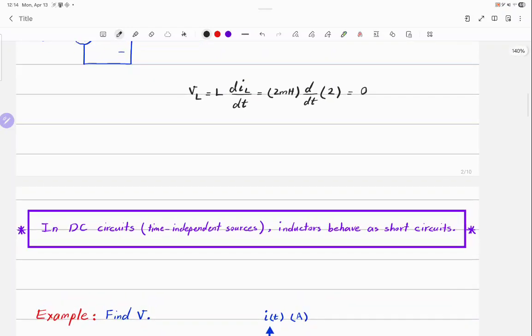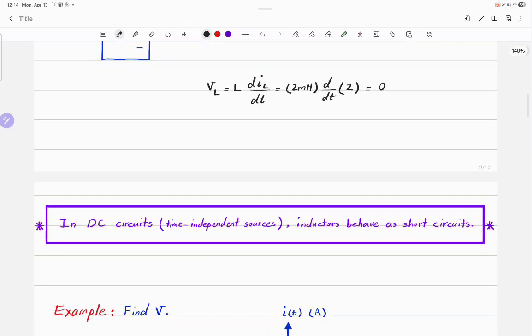Super important. In DC circuits, inductors behave as short circuits. Now, do any of you know what DC stands for? Direct current. For historical reasons, it's called DC. It stands for direct current, but it's not necessarily limited to direct current circuits.